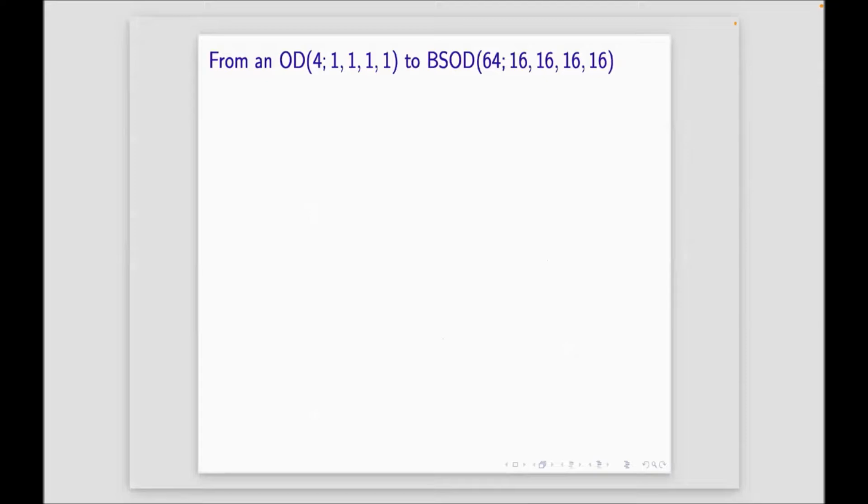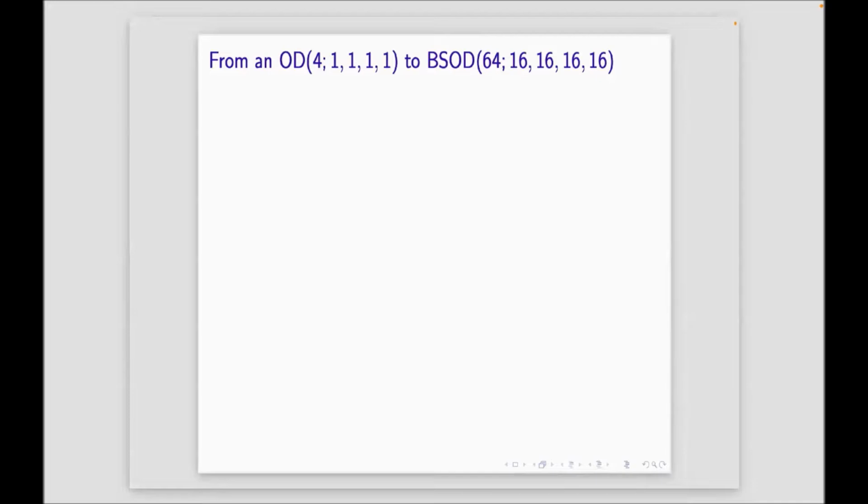If you start with an orthogonal design of order 4 in 4 variables 1, 1, 1, 1, you're going to get a balanced splitted orthogonal design of order 64 in 4 variables, 16, 16, 16, 16. Each variable is repeated 16 times.